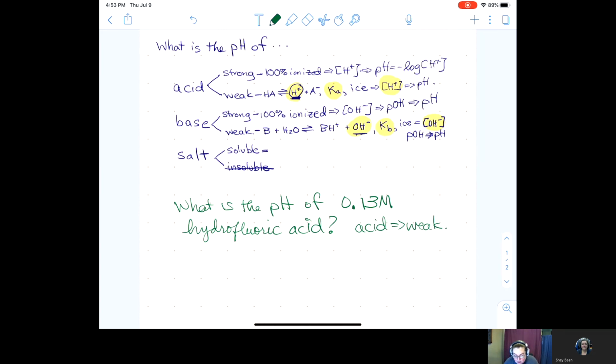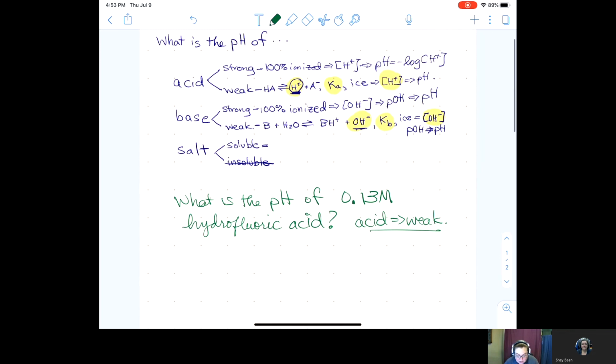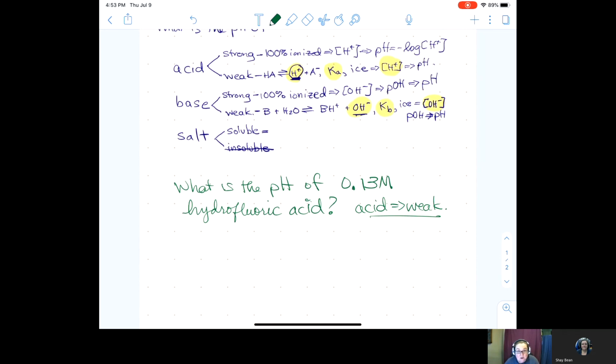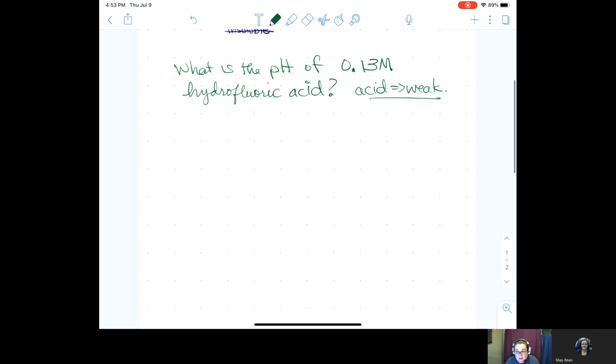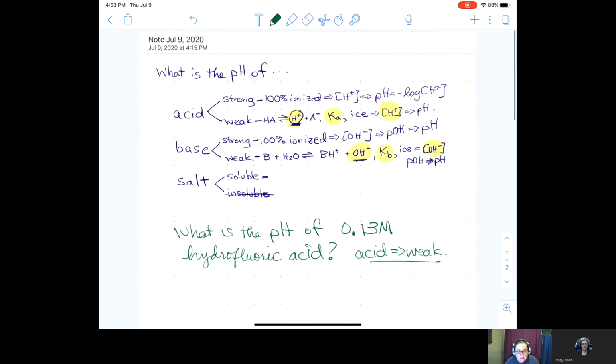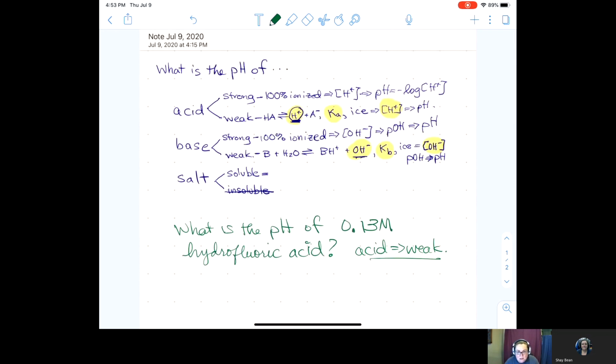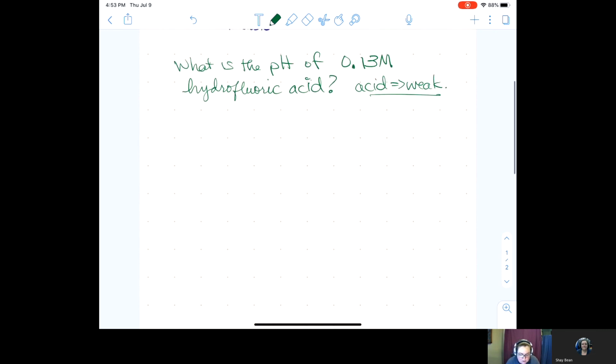And therefore, I am going to begin this problem by writing an equilibrium reaction. I'm going to have to scroll up so that I've got space to work. I'll post an image of this so that you can have it up on your screen as you go back through this.